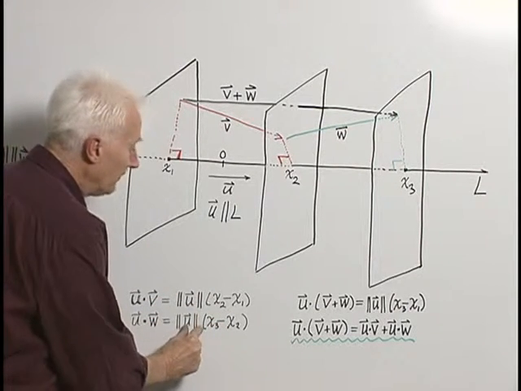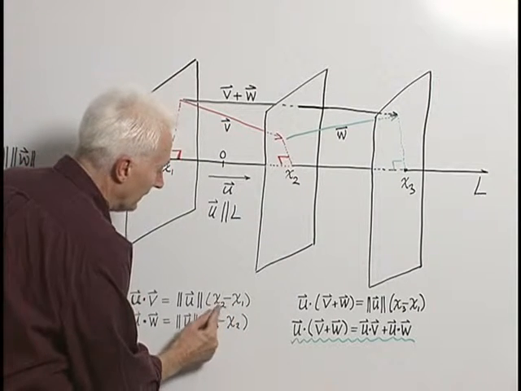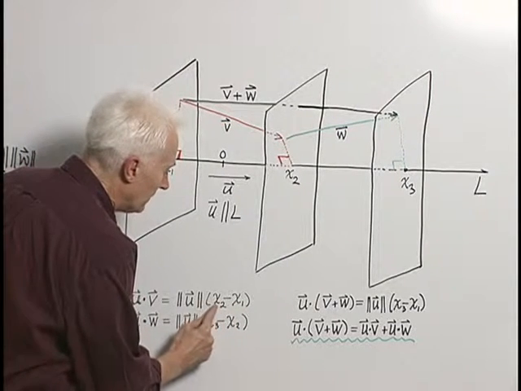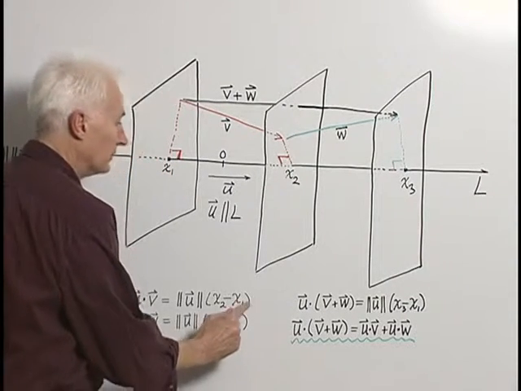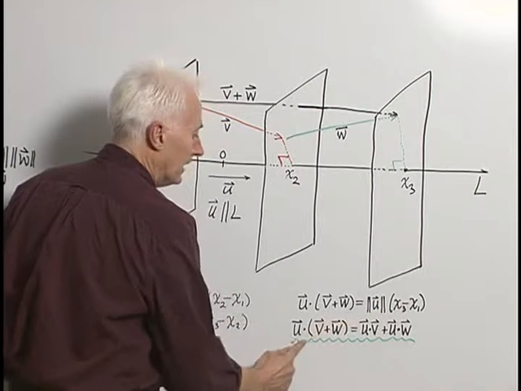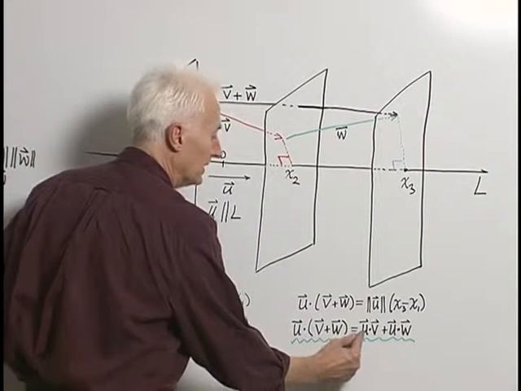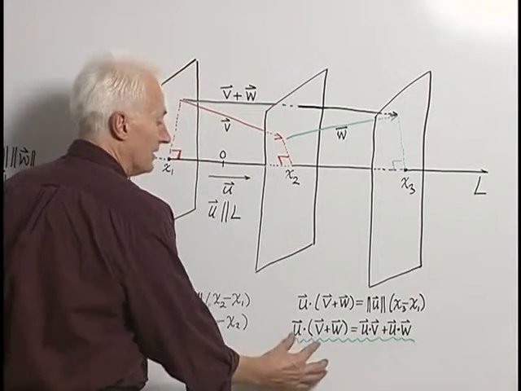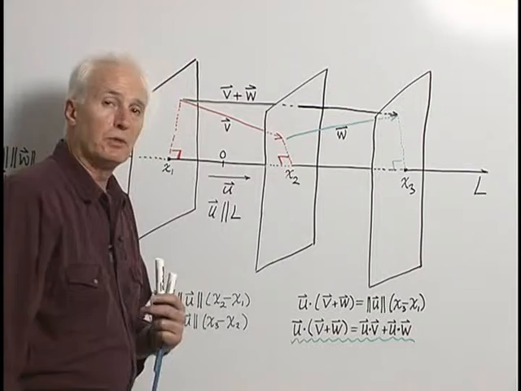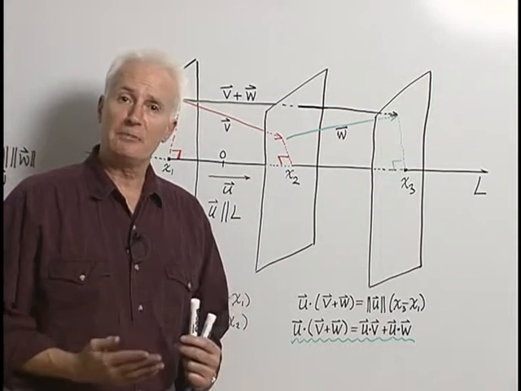The length u's factor out, and when I add this to this, here's an x2 and a negative x2, they cancel out, and I'm left with x3 minus x1, exactly this. In other words, u dotted with the quantity v plus w is equal to u dot v plus u dot w. That's the distributive law for the dot product viewed completely in terms of geometry.